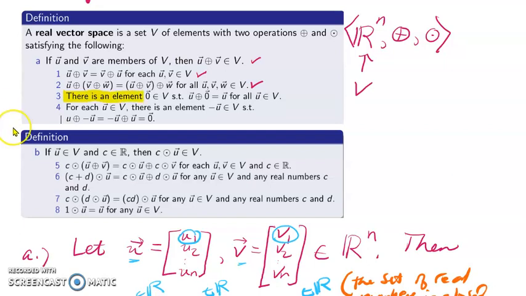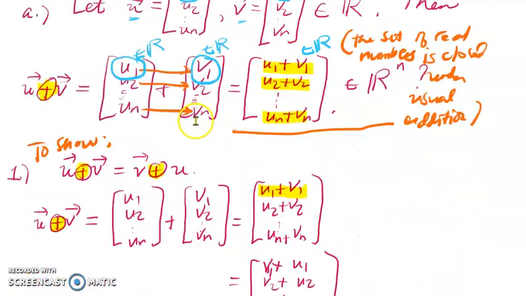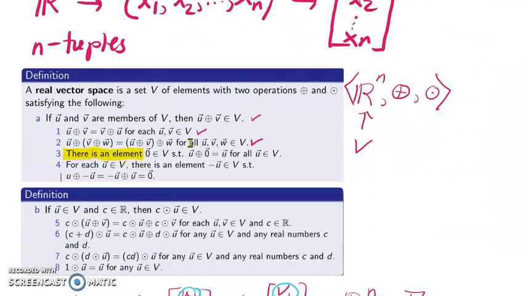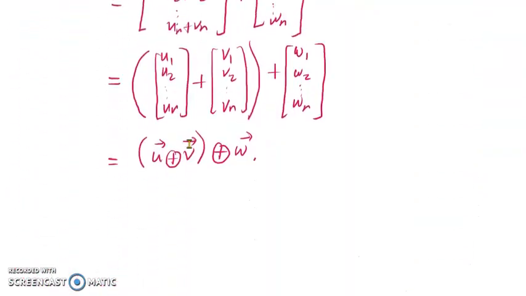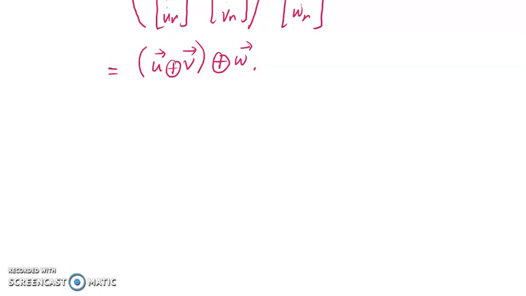So we need to find a 0 in the vector space such that when you add it to any vector, the result is itself. So that is property A3. So we will proceed to property 3.